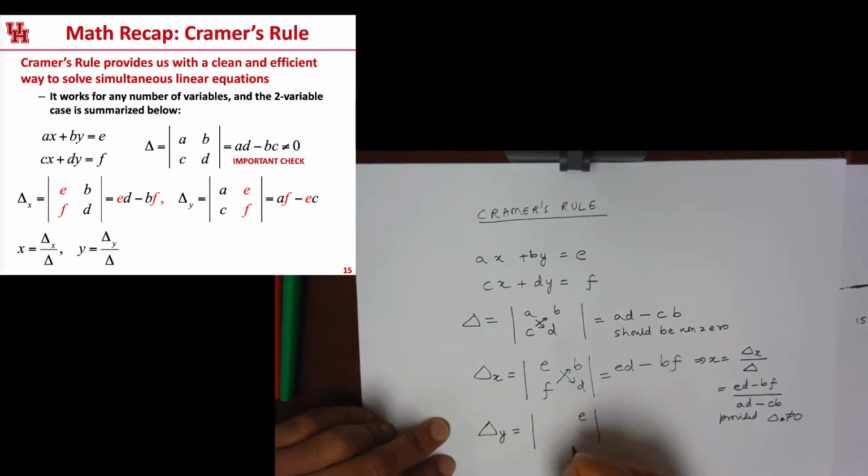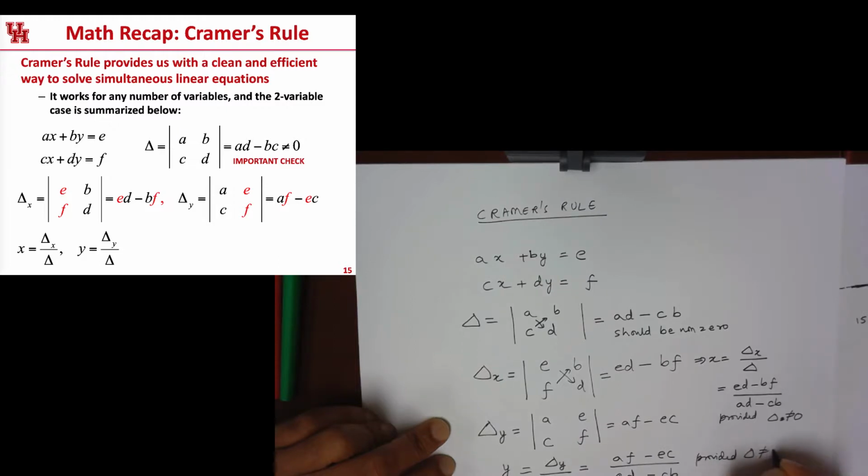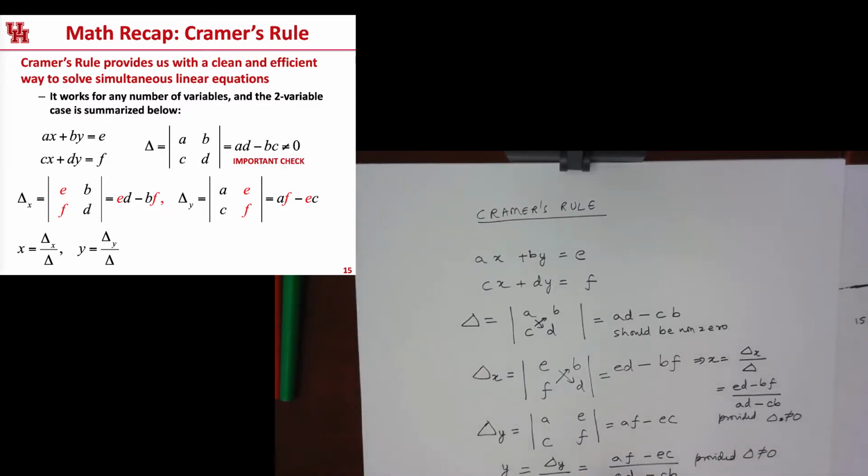So I stick e and f here, and I keep the a and c from before, and I get af minus ec. That gives me a way to solve for y, which is delta y divided by delta, equal to af minus ec divided by ad minus cb, again provided delta is not equal to 0, because it doesn't make sense to divide by 0. That's an important thing to check for.